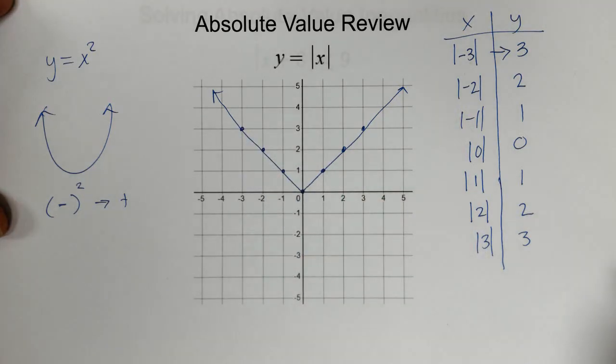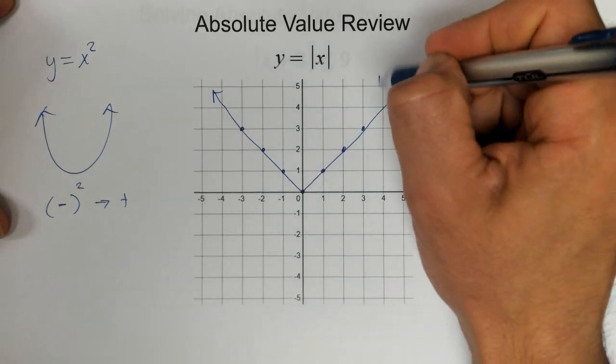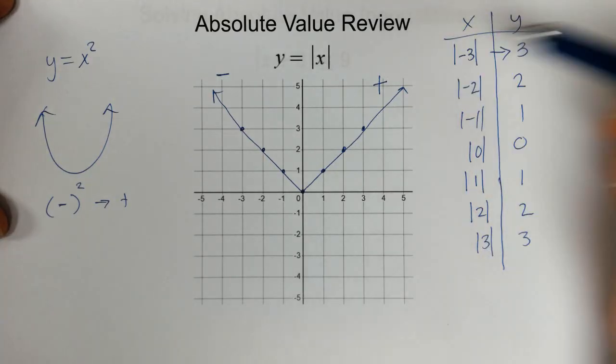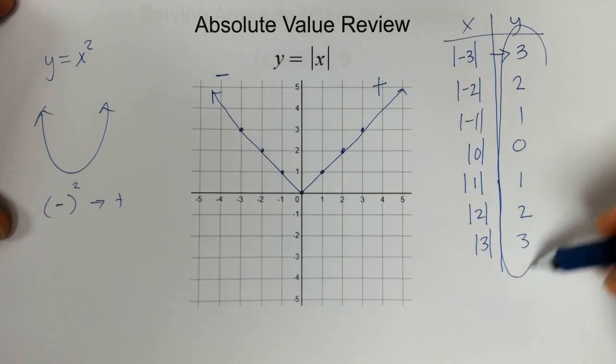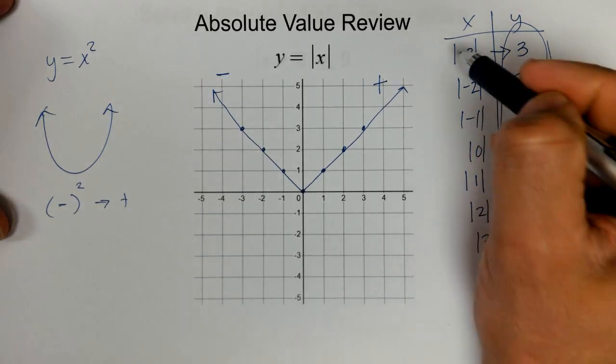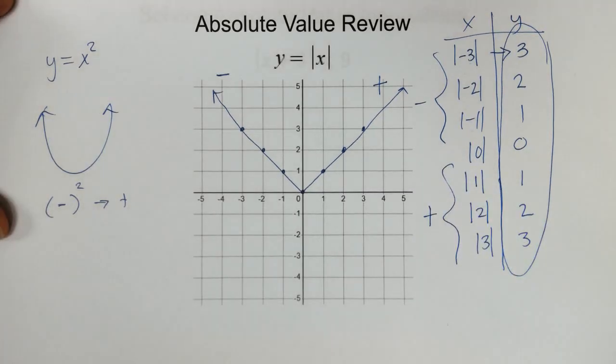Okay? The important thing here is to notice that there are two sides to the graph, or two sides to the function. A positive side and a negative side. And we want to be able to account for both when we're solving these next few examples. We want to account for the fact that the output was a result of either a negative or a positive.